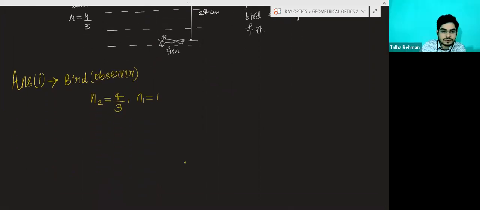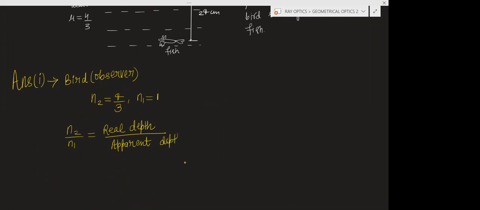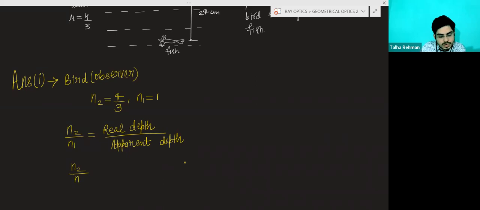So we will apply this formula: N2 by N1 is equal to real depth divided by the apparent depth. Real depth we represent with D, and apparent depth we represent with D dash.